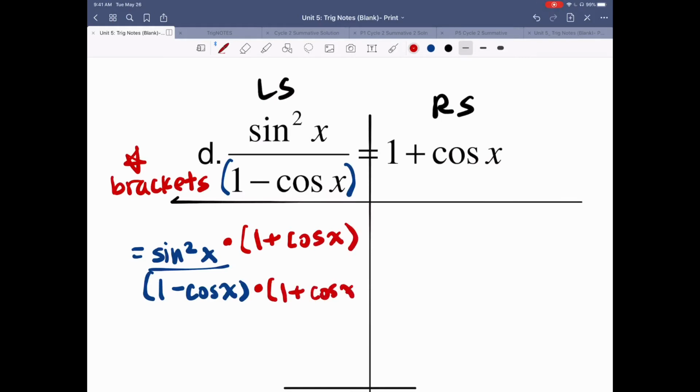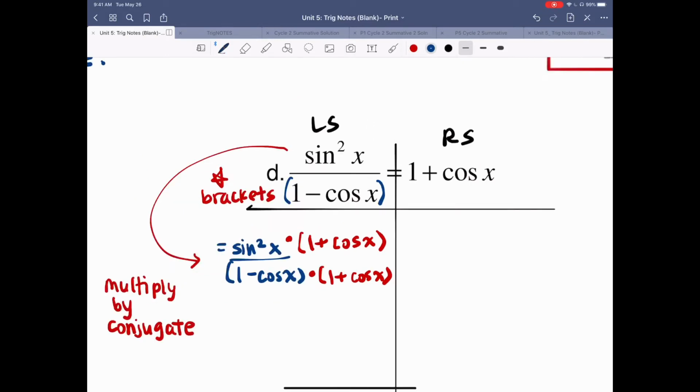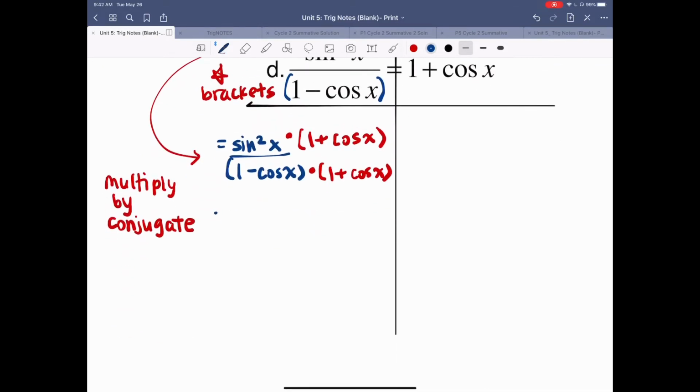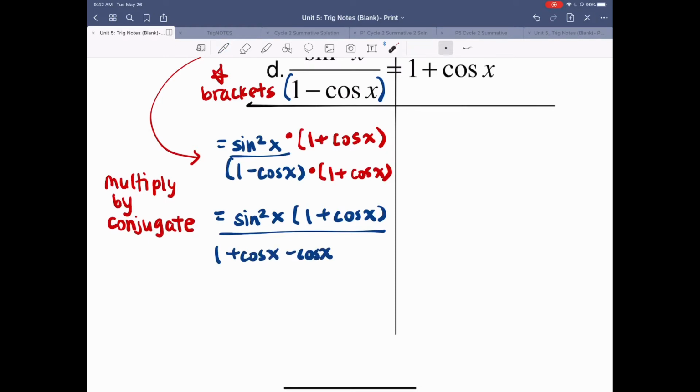That part's really important. Okay, let's see what that's going to do. We have sine squared x times 1 plus cos x divided by, well, what's going to happen by distributive property is you have 1 plus cos x and minus cos x. That's the reason why we multiply by the opposite sign, because those parts are going to now cancel out.